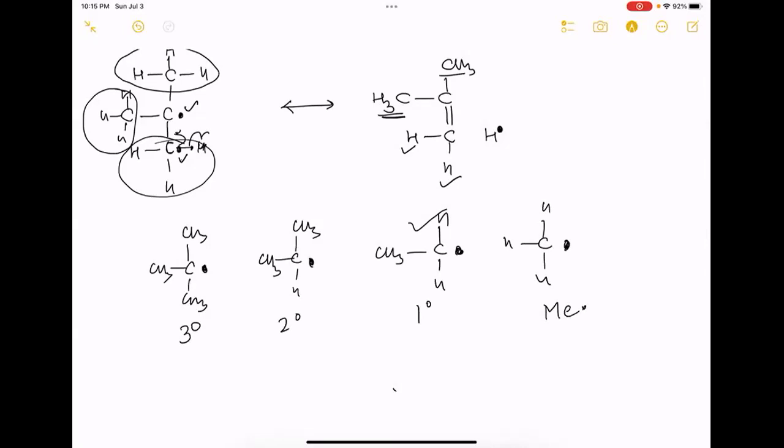So up to what extent they are stabilized by hyperconjugation can be found out very easily by counting the number of alpha hydrogens on the alpha carbons, those are the carbons adjacent to the carbon bearing the radical. So here you have 9 alpha hydrogens, here you have 6 alpha hydrogens. The 6 alpha hydrogens can turn by turn give their electron density, and that can make this radical stabilized.